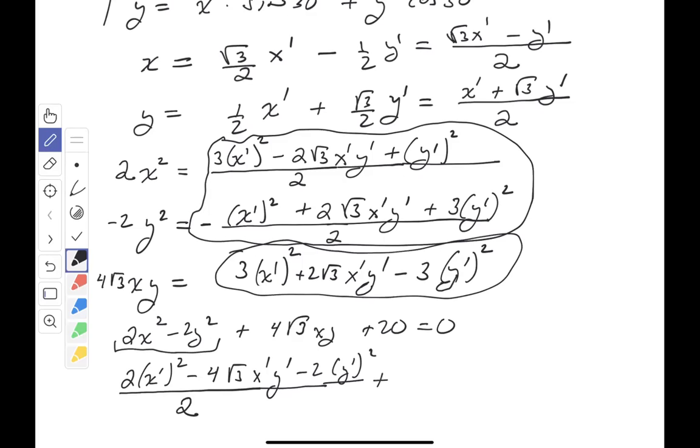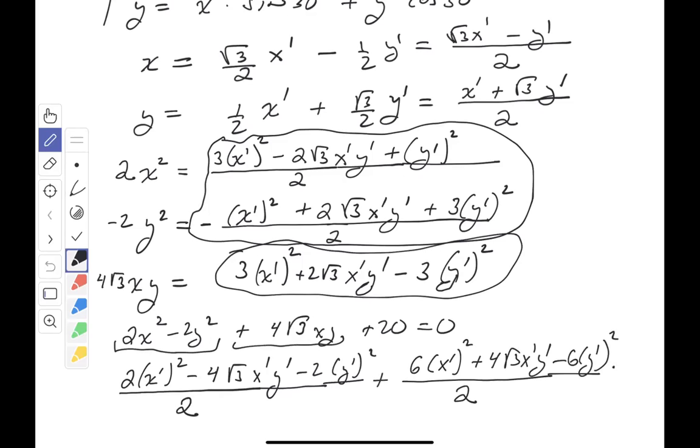Plus, there's a common denominator, 2. And we get 6 x prime squared plus 4 root 3 x prime y prime minus 6 y prime squared. Just did this guy. Now plus 20 equals 0.